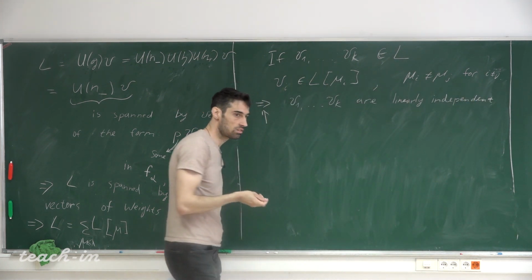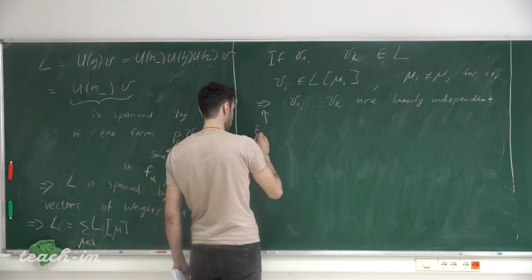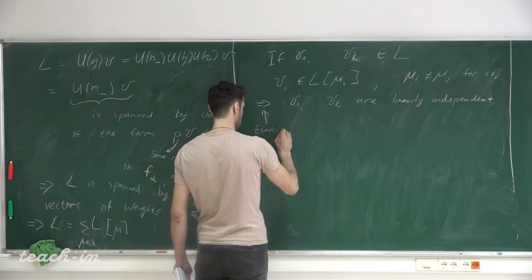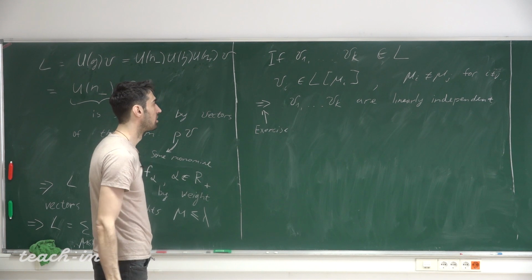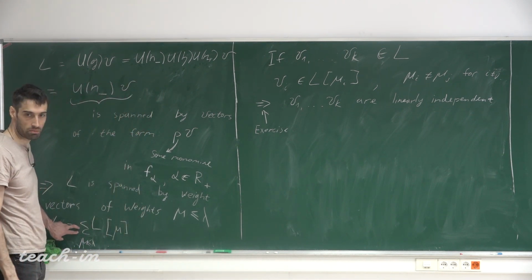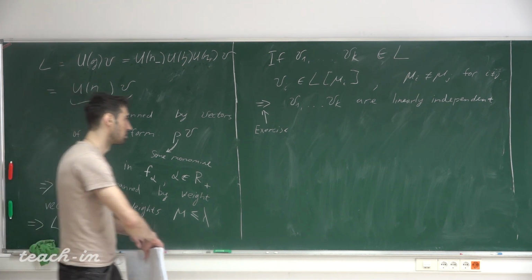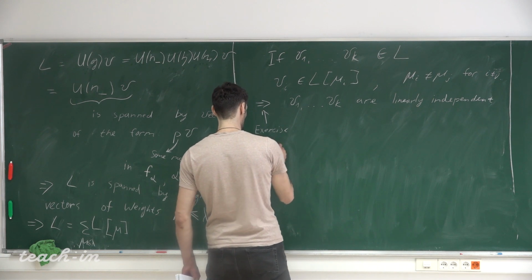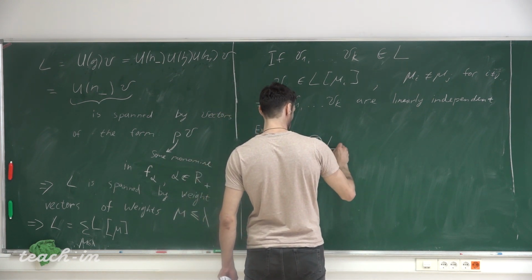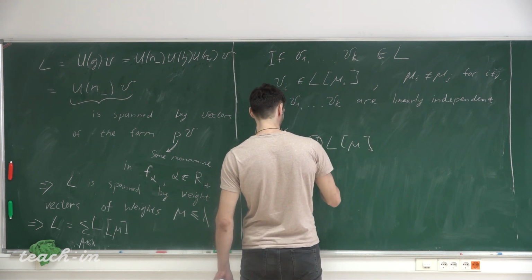This is some linear algebra, but I will leave it as an exercise. So therefore, this sum is actually a direct sum. So L is the direct sum over L mu, as mu less or equal than lambda.